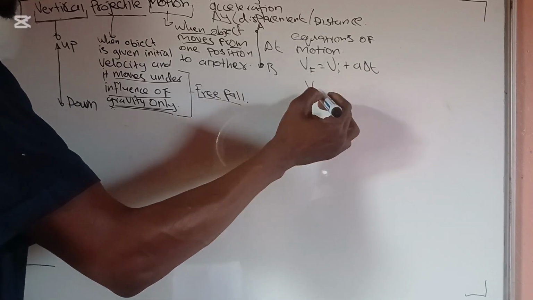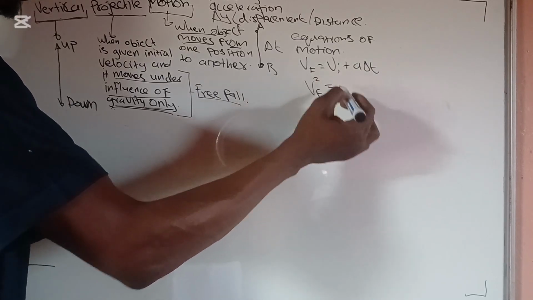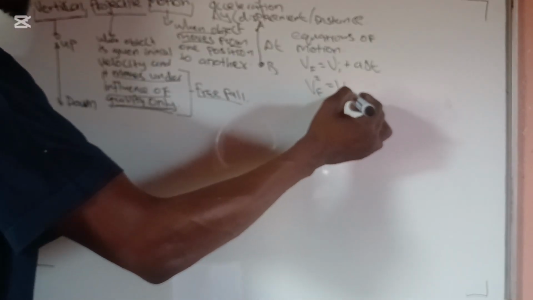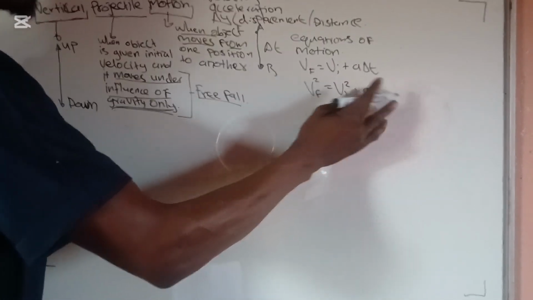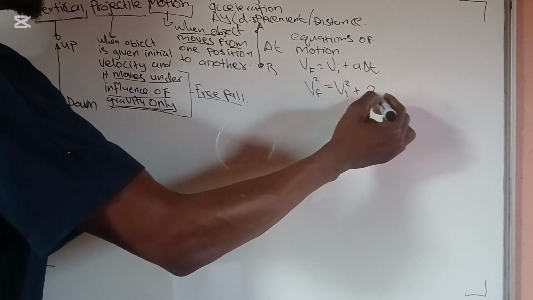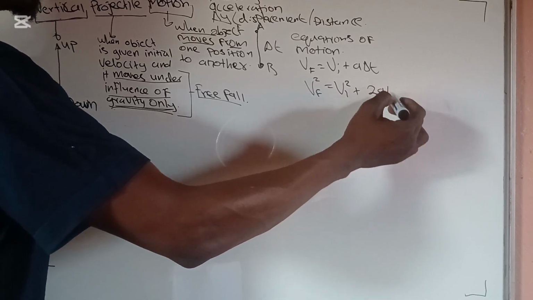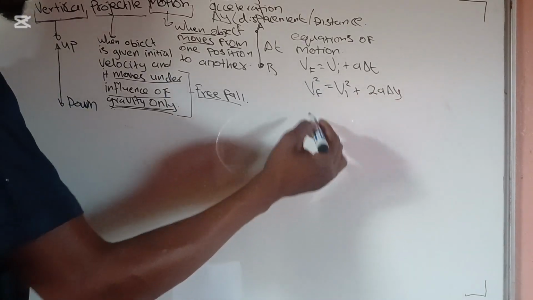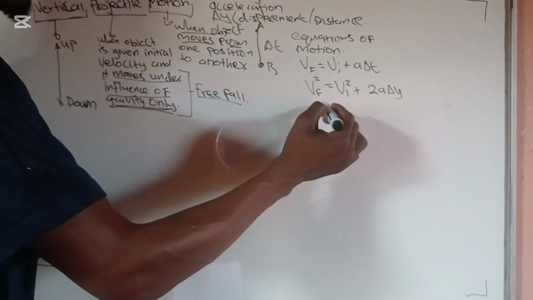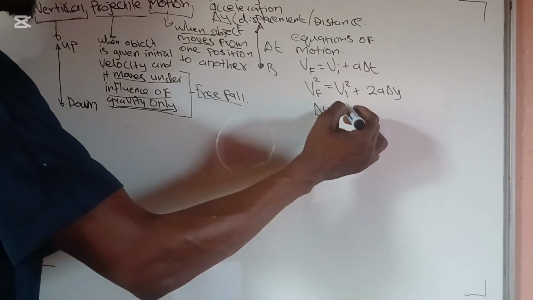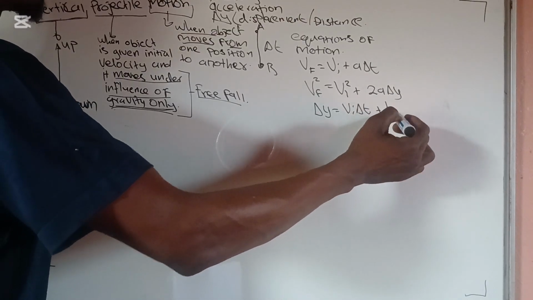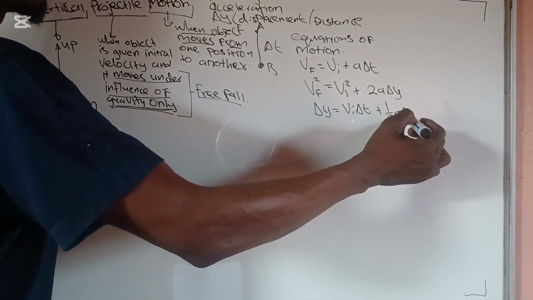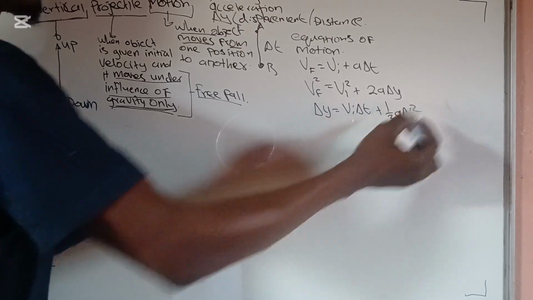We are going to have Vf squared is equal to Vi squared plus 2a change in y. Then we also have what? Change in y is equal to Vi change in time plus 1 over 2a change in time squared.